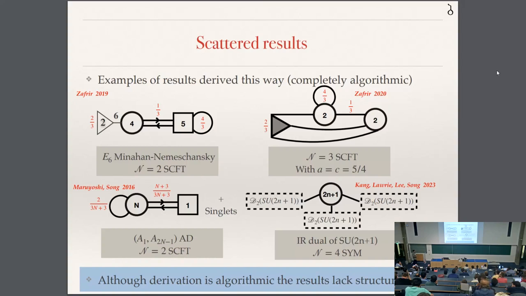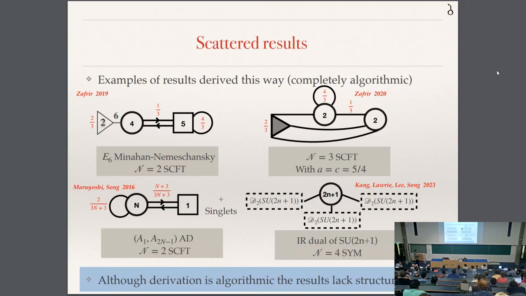There are Lagrangians which were obtained by studying different deformations for various Argyres-Douglas theories, which are complicated, strongly coupled theories in 4 dimensions, by Maruyoshi and Song. You can find even infrared duals for N=4 super Yang-Mills, maximally supersymmetric Yang-Mills theory in 4 dimensions.